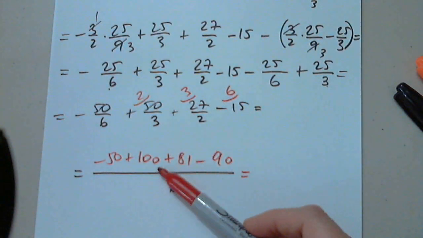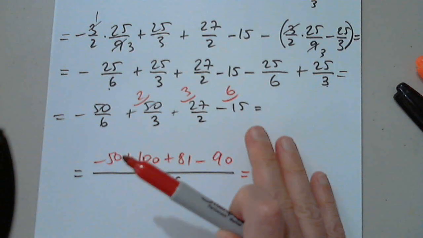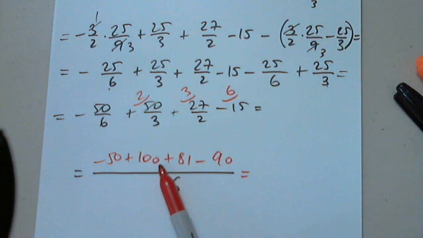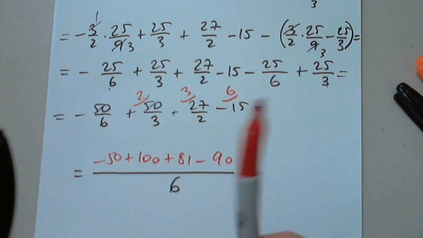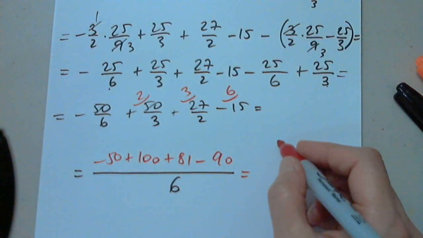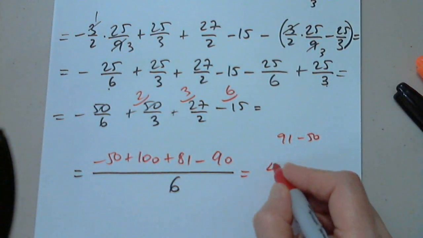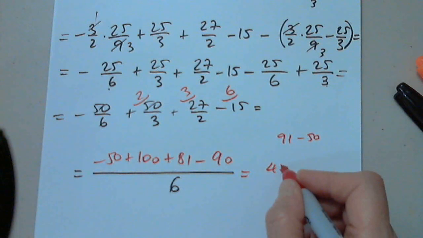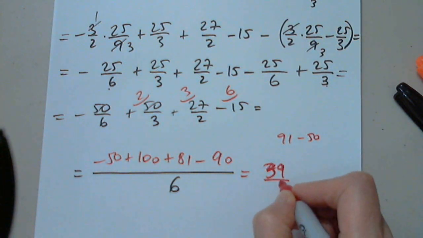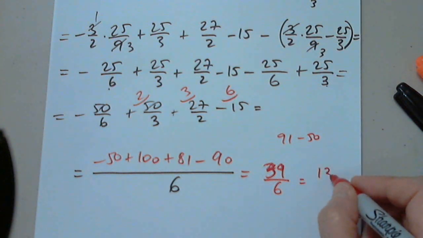Okay, so what do we have here? The answer has to be positive. And we can check with the calculator just to make sure. I don't think I made any errors, but who knows. So this is positive 100 over 6, so this is 91 minus 50. So I got 39 over 6, or 13 over 2.